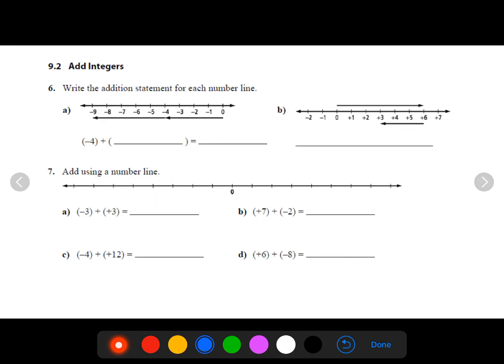Next up, 9.2, adding integers. Question 6, write the addition statement for each number line. So we start at 0, and the first arrow goes to negative 4, so that is this one right here. The second arrow travels, let's see, how do I want to do this? From here, so it's 1, 2, 3, 4, negative 5.